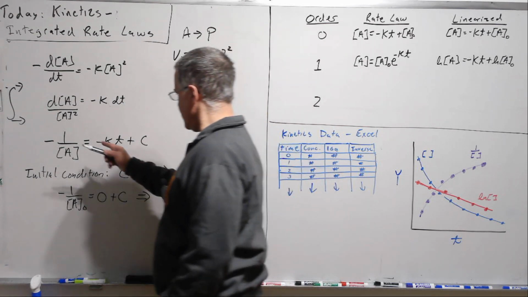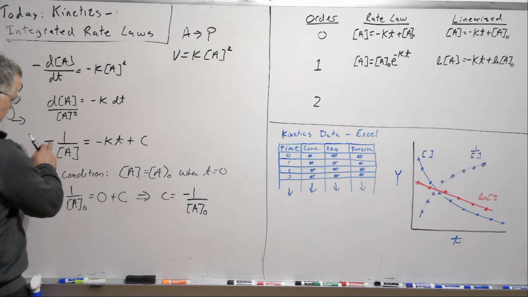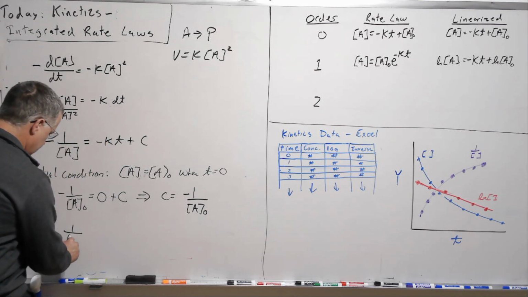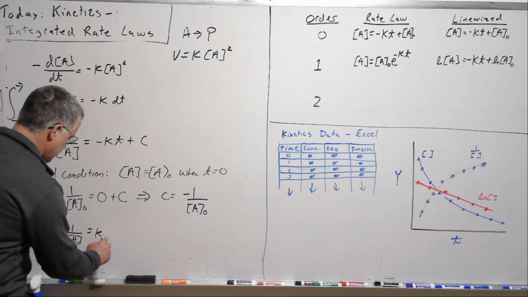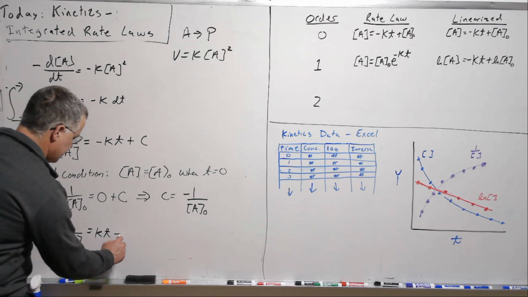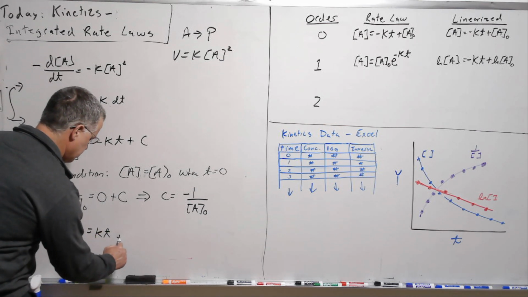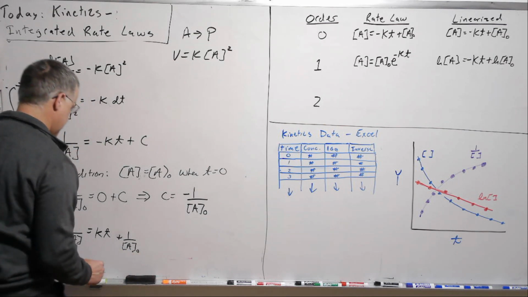So let me do one more line before I pull it up to the linearized. Let's bring this minus sign over. So the equation that we're at now is that.